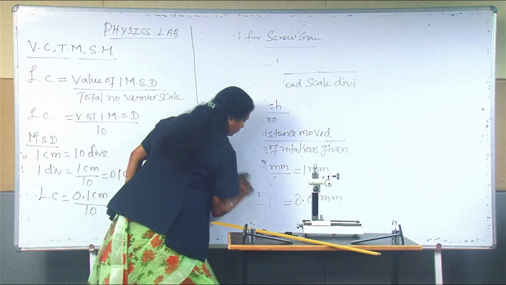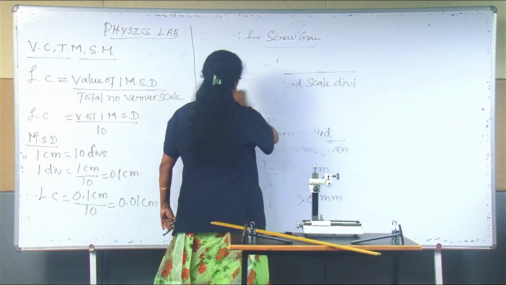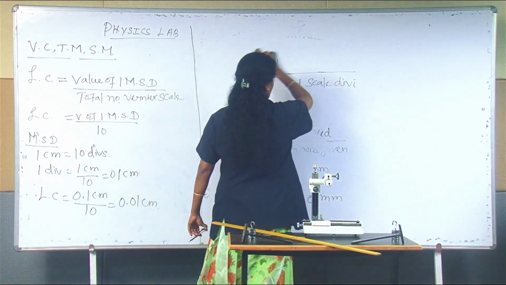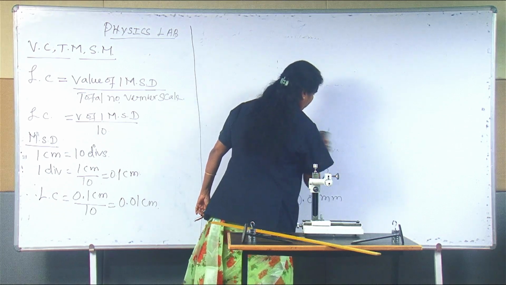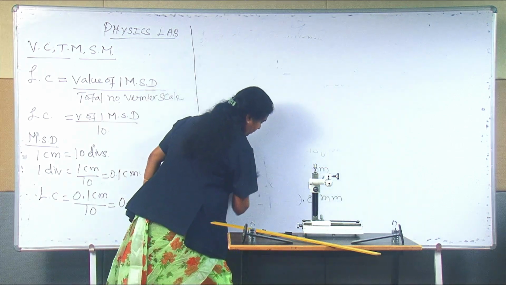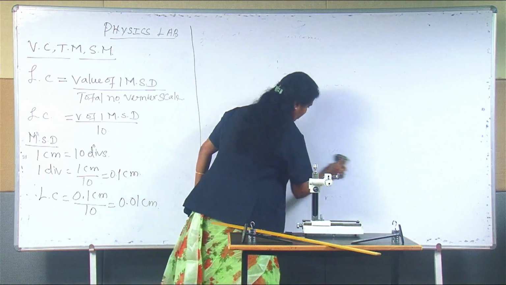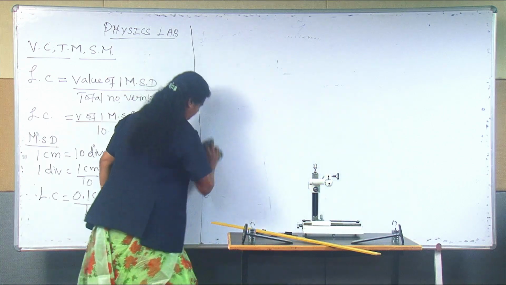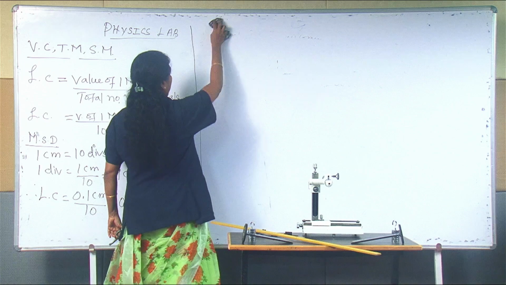So how can you find this zero correction and error? The screw gauge is given to you. Before starting the experiment, we should note down the zero correction and error.